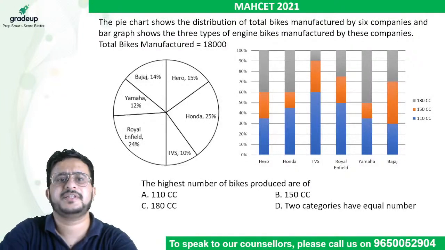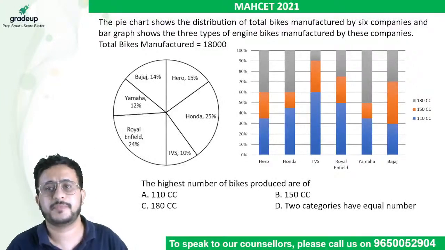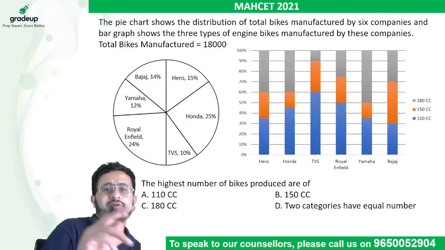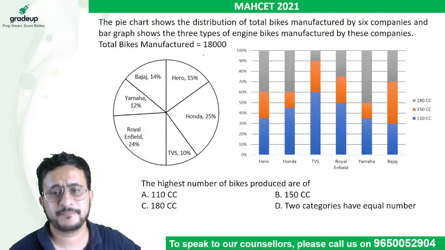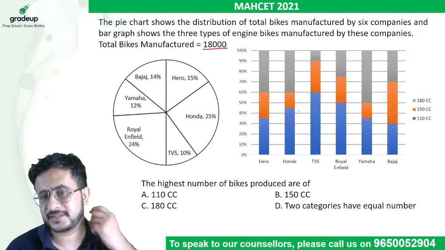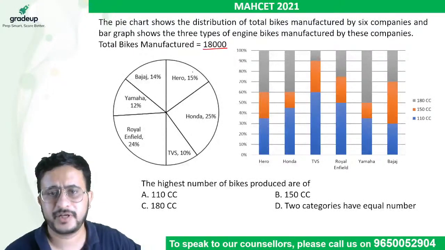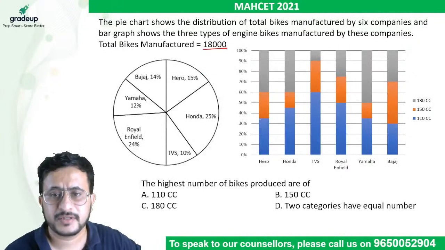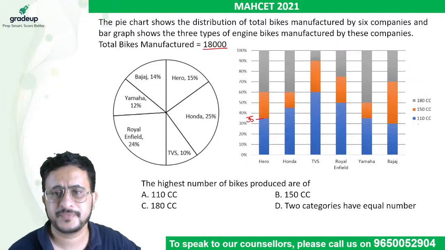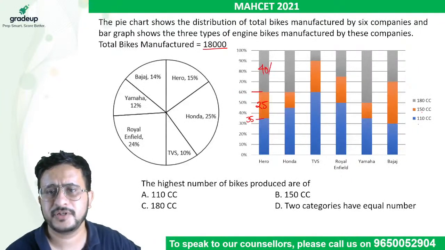Okay, so this is the next question that we have. The pie chart shows the distribution of total bikes manufactured by 6 companies, and the bar graph shows the 3 types of engine bikes manufactured by these companies. Total bikes manufactured are 18,000, and within this are different percentages. For example, for Hero, 35% of the bikes it produces are 110 cc, 25% are 150 cc and 40% are 180 cc.